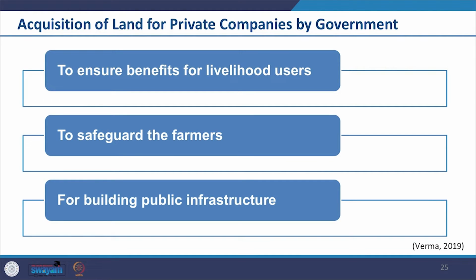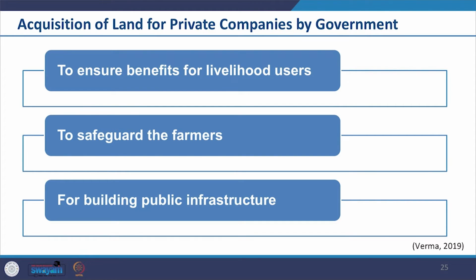Another explanation includes safeguarding the farmers. We see that inequality in terms of bargaining power exists between large-scale corporations and small farmers, which increases the likelihood of unfair agreement. That is why the government is required to bridge the gap and bring balance to this relationship.